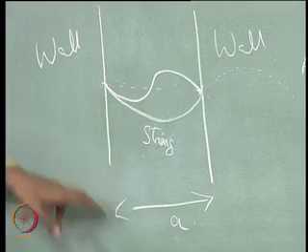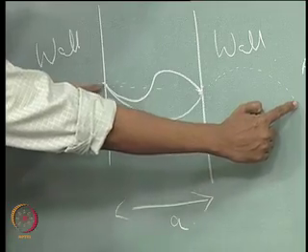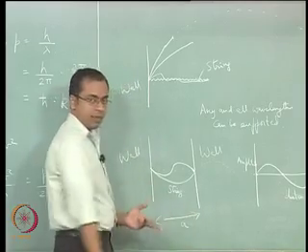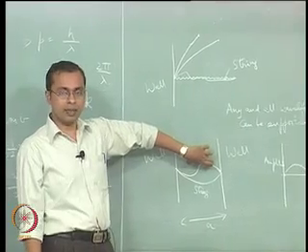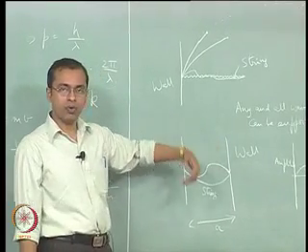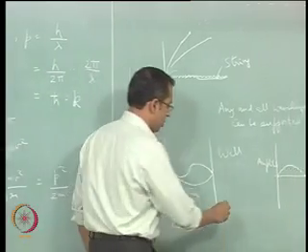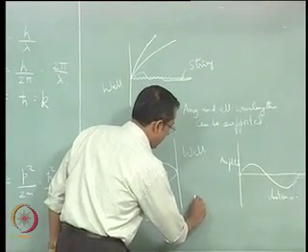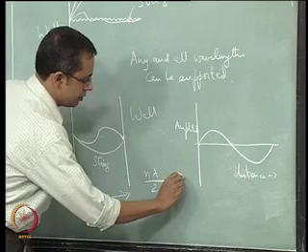In other words, a can either be lambda by 2, or lambda, in other words 2 lambda by 2, or 3 lambda by 2, 4 lambda by 2, etc. It can only be n lambda by 2. So therefore n lambda by 2 equals a.